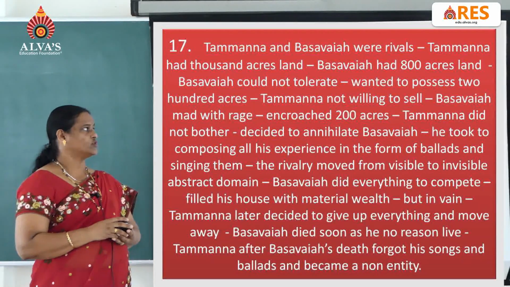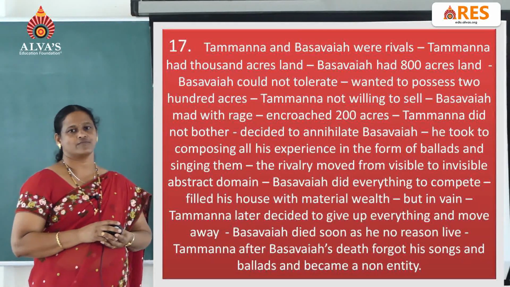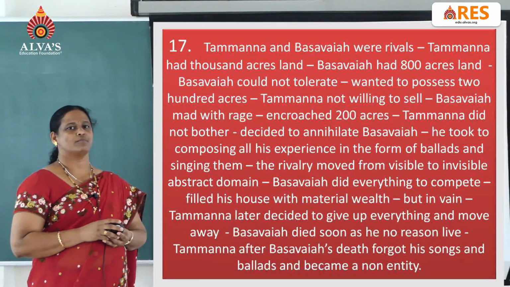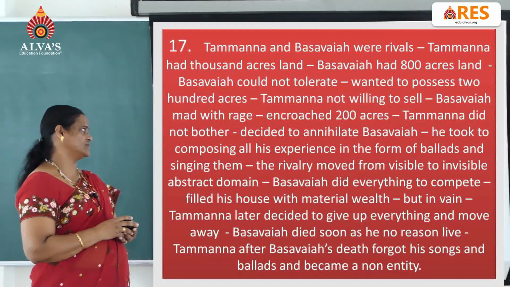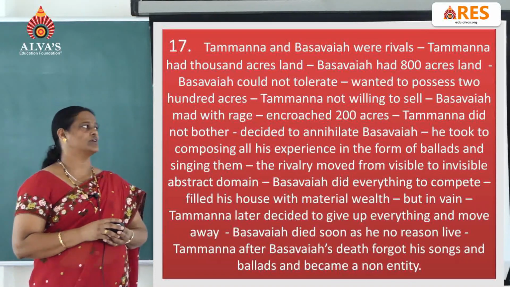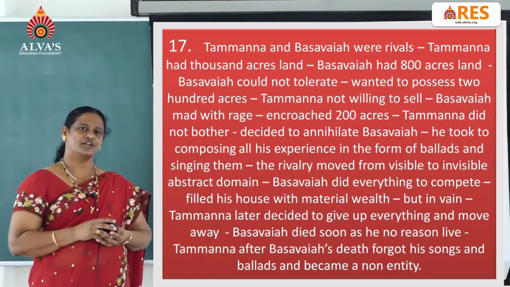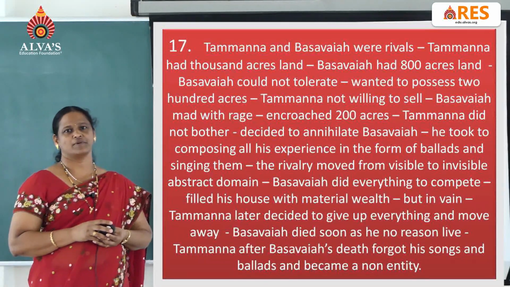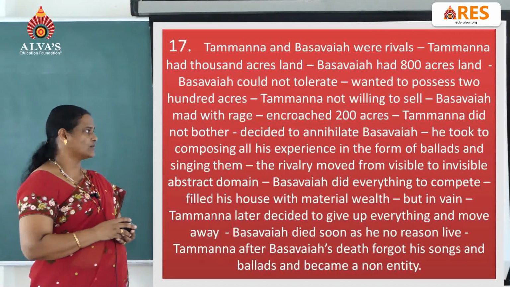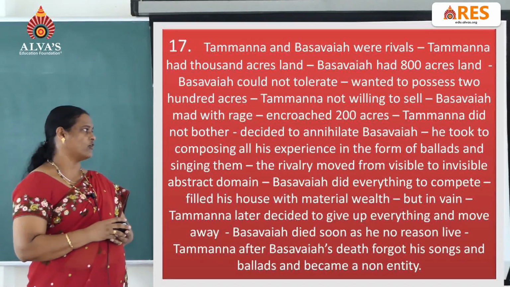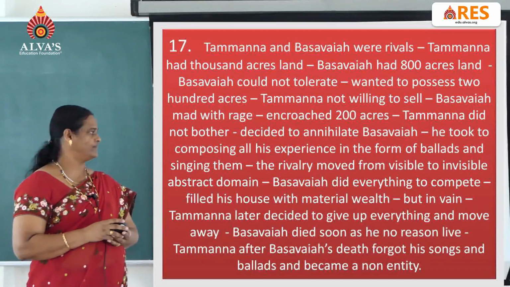He wanted to possess the 200 acres of Tammanna, but Tammanna was not ready to sell it. So Basavaya was mad with rage. He encroached the 200 acres of Tammanna. Tammanna did not bother. He wanted to annihilate Basavaya completely in a different way. So he took to composing all his experiences in the form of ballads and singing them.